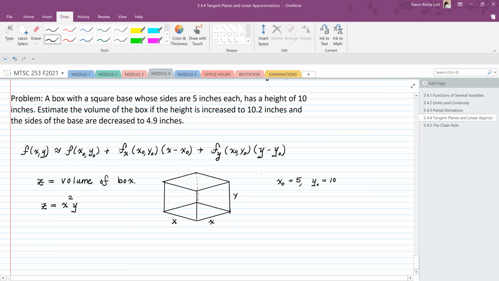So my z naught, or f of x naught, y naught, is 5 times 5 times 10, which is 250.